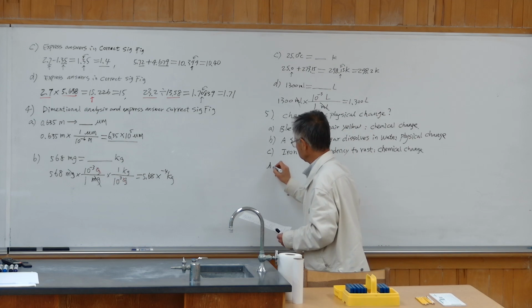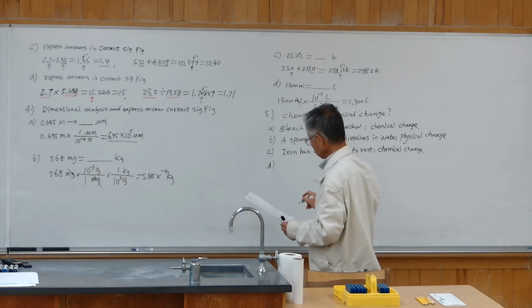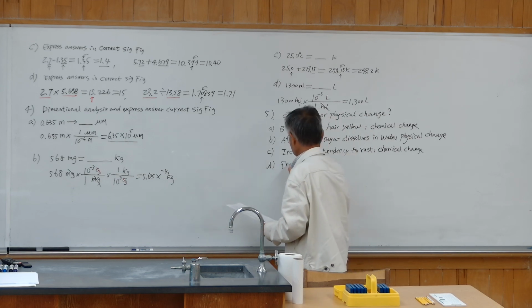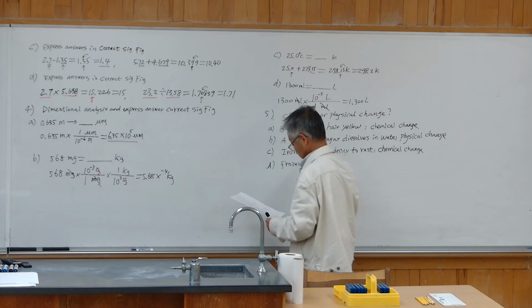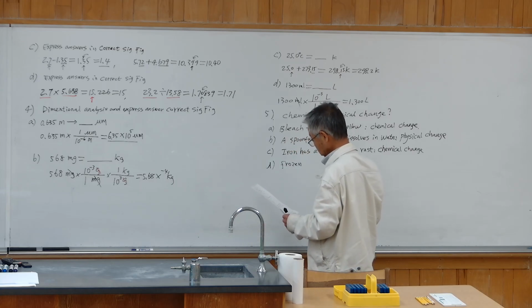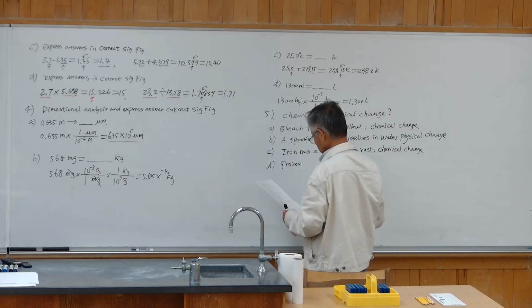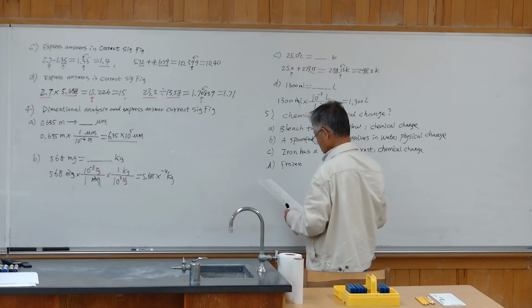D. Frozen orange juice is reconstituted by adding water to it.